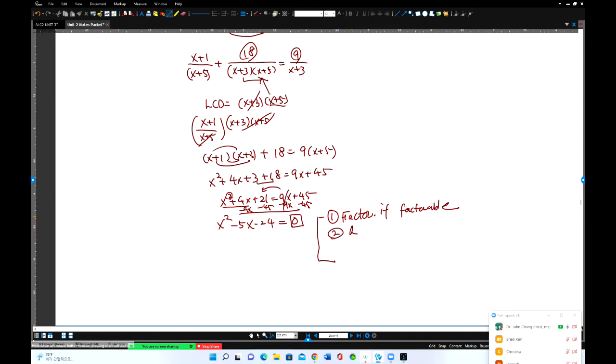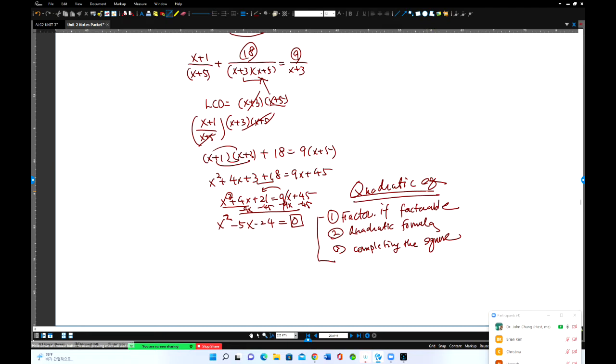When you have a quadratic, degree 2 is a quadratic. Quadratic formula. Or you can use completing the square. That's the different way, only for quadratic. Remember this one, okay?